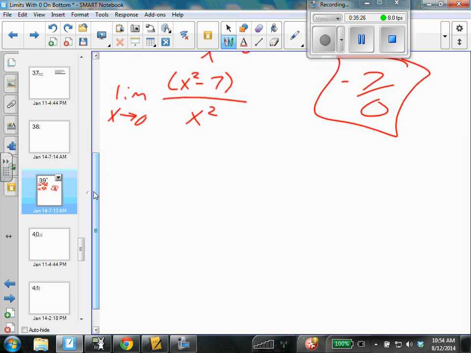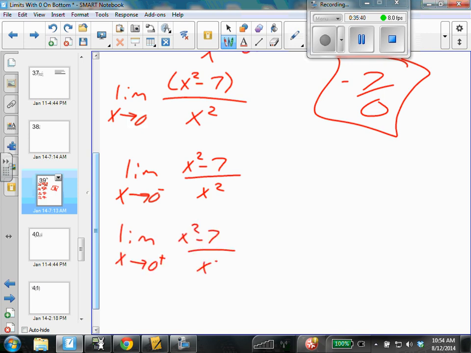And so I'm just going to try to think about this as the limit as x approaches 0 from the left for x squared minus 7 over x squared, and the limit as x approaches 0 from the right of x squared minus 7 over x squared. All right.